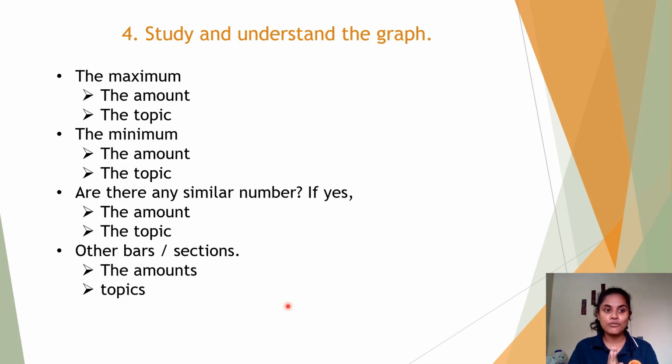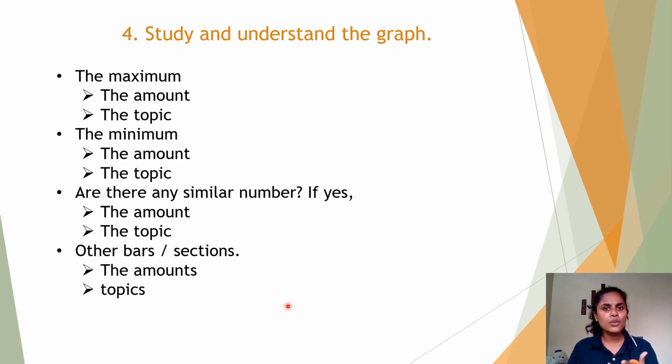So in the fourth and the last step, and don't forget, these 4 steps are only pre-steps that we do before starting to write, right? First step, if you remember, was to read out and understand the title, and the second was, if there are any keys, to find them and go through them as well.